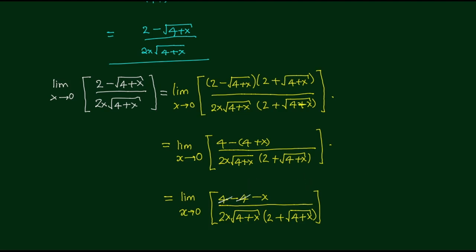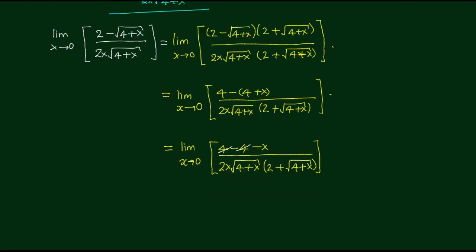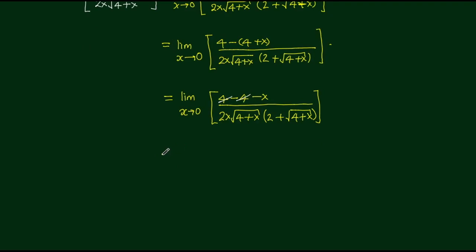Now we can rewrite the numerator factoring out negative 1, because we are seeing something here, x from the denominator.